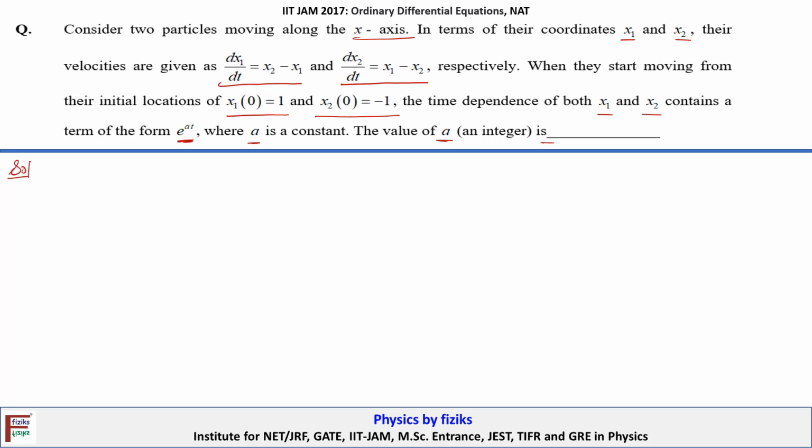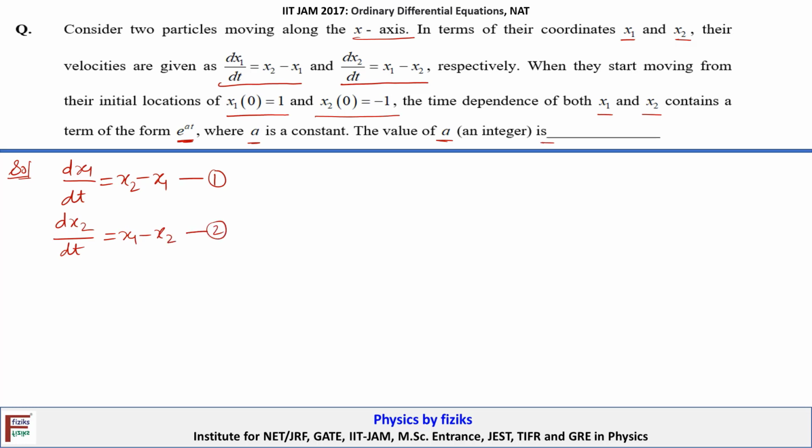Now here the path for both particles is given. For the first particle, dx1 by dt is equal to x2 minus x1. Say this is equation number 1. And for the second particle, dx2 by dt is equal to x1 minus x2.